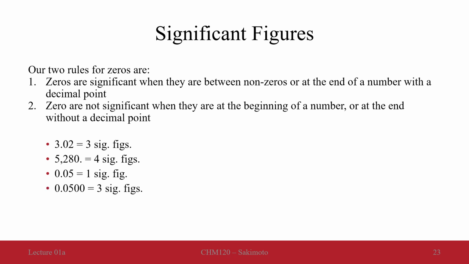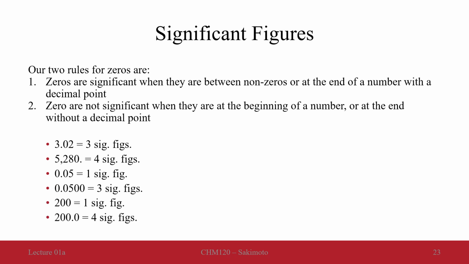Zeros before the decimal point are still not significant, but the ones after a non-zero are. So here we see a case in which, with a decimal point, the zeros after the 5 are significant, and as always, the zeros before the 5 are not significant.